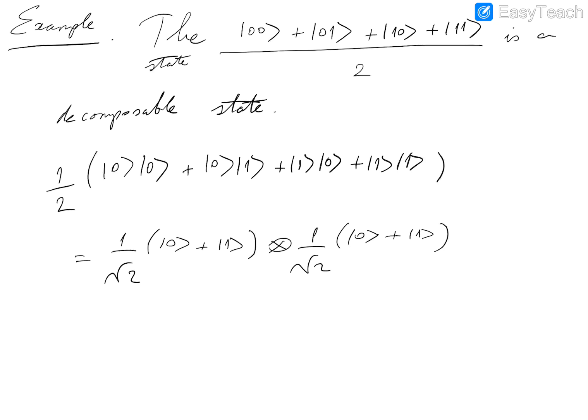So I've just decomposed this 2-qubit system into 2 single-qubit systems. So that's why this state, let's call this psi, is decomposable. It's not entangled. So what about an entangled state?